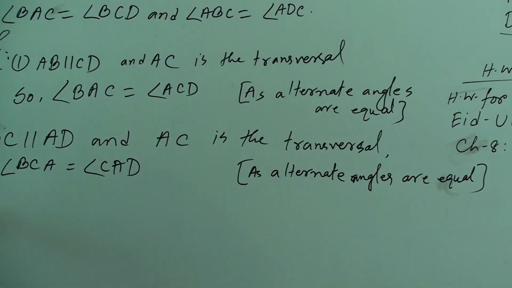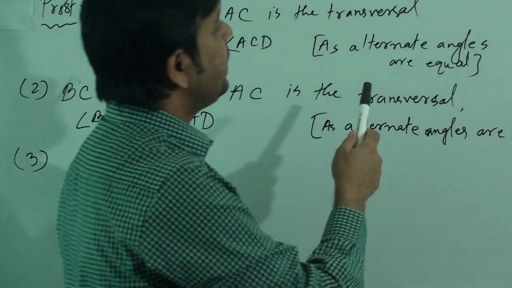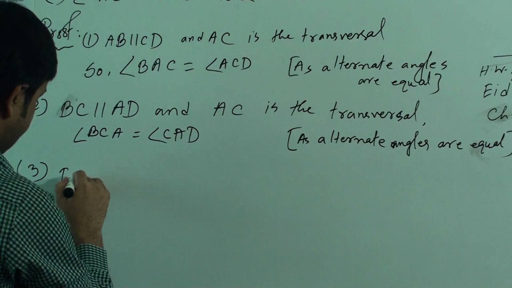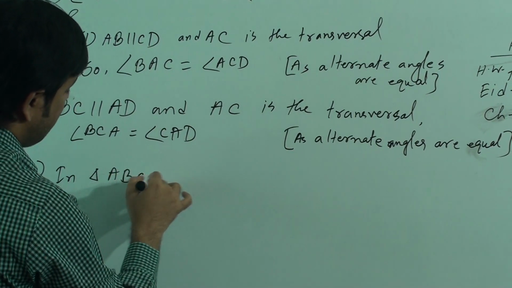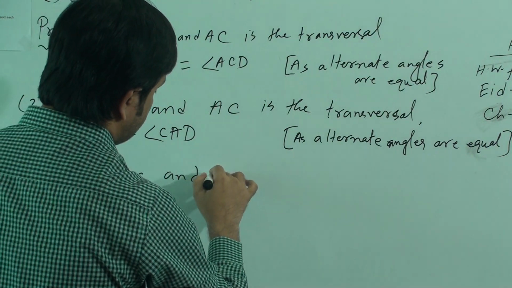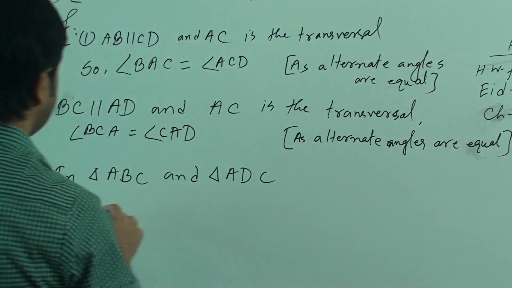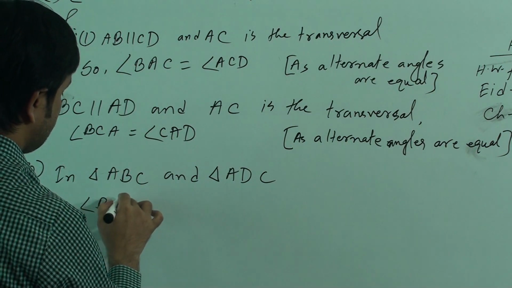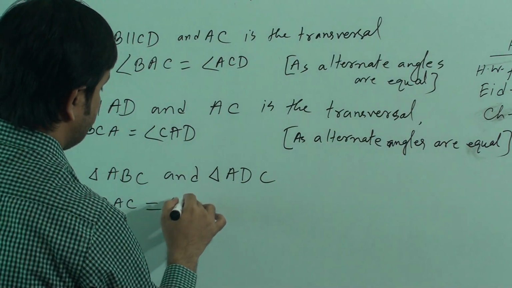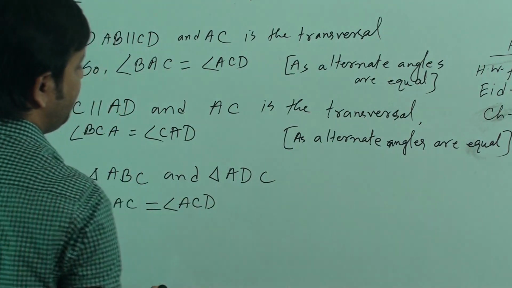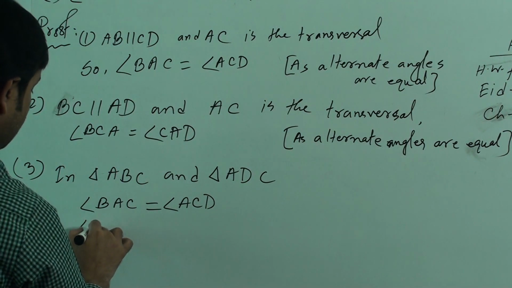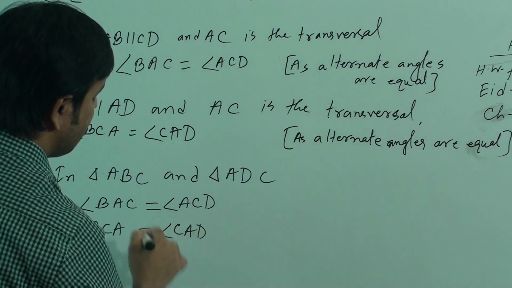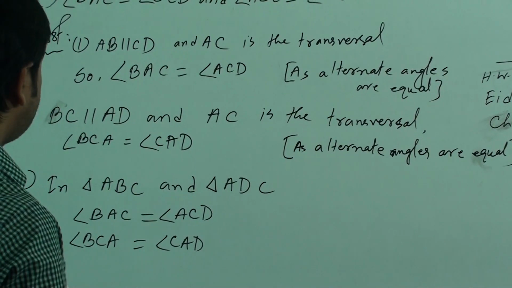Okay, now step 3. We can now compare triangle ABC and triangle ADC. In triangle ABC and triangle ADC, angle BAC is equal to angle ACD, that is from step 1. Angle BCA is equal to angle CAD, that is from step 2.